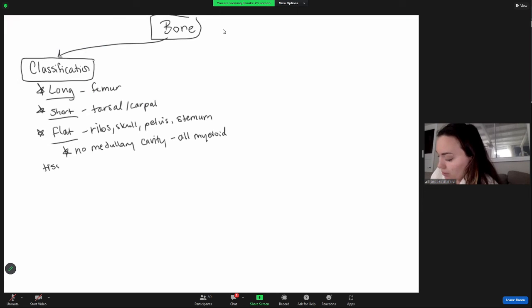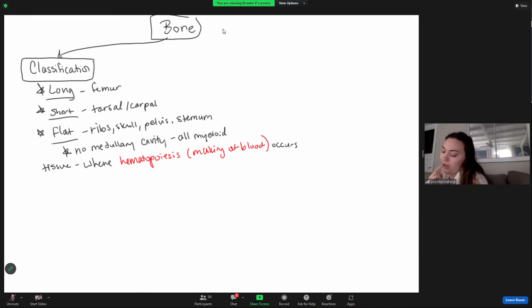This is our first time hearing about myeloid tissue, but basically myeloid tissue is where hematopoiesis, remember this is the making of blood, occurs. So making of blood happens in myeloid tissue, outside of the medullary cavity.